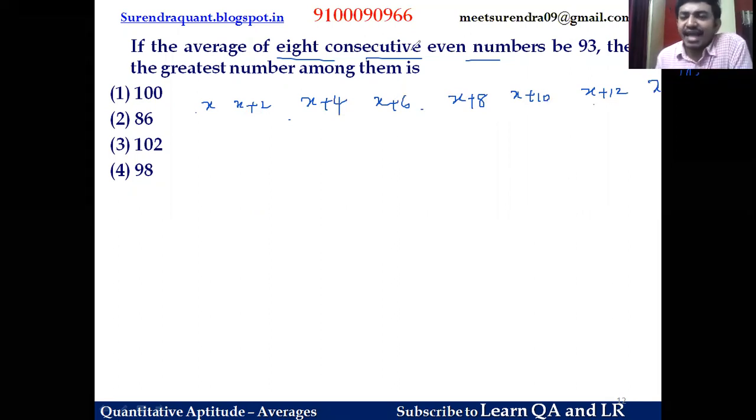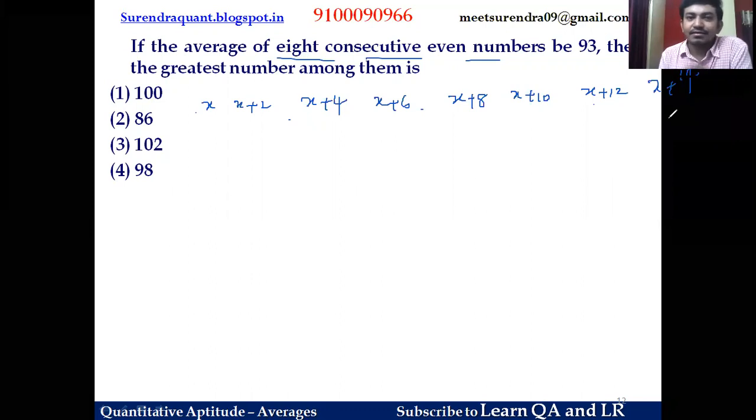What do you mean by average? There is an even number of numbers, so simply the average is first term plus last term by 2.